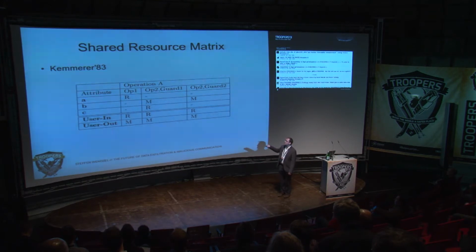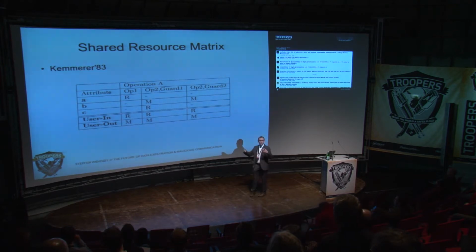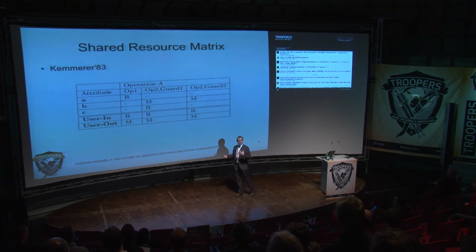He split operations into sub-operations with individual operations and tried to figure out whether an attribute can be read and modified. Because for a covert channel you need to modify, i.e. to send traffic, and to read traffic, to recognize the modification. That's the part the covert channel receiver has to do.